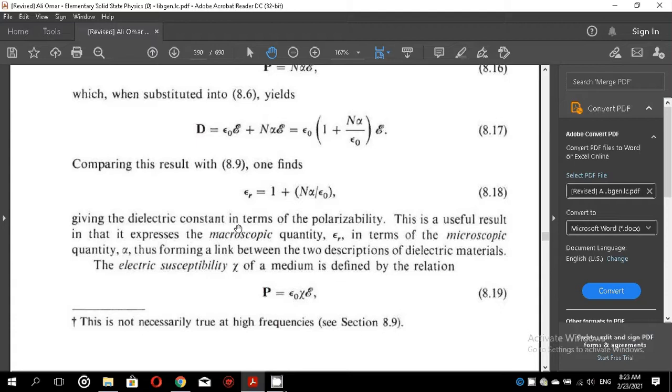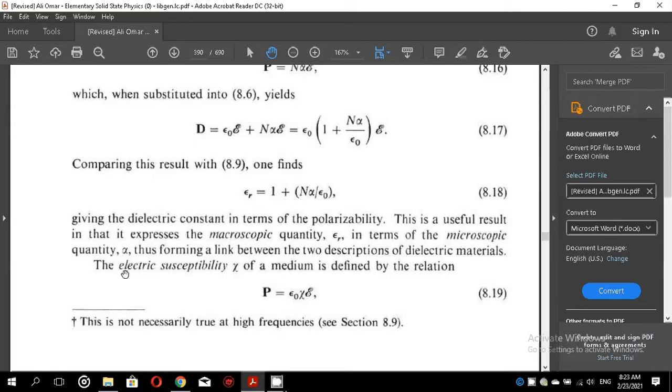This is a useful result in that it expresses the macroscopic quantity. Now this epsilon r is the macroscopic quantity and alpha is the microscopic quantity. So this equation is useful as it is relating a macroscopic property with the microscopic property.